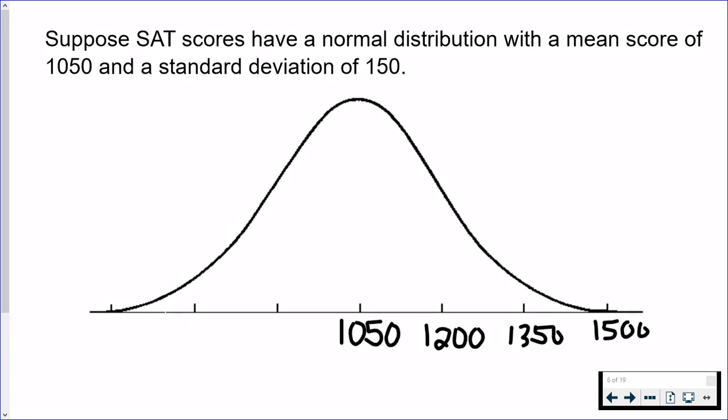If I subtract to go to the left, 1050 minus 150 gives me 900. I subtract again, I get 750, and then I subtract again, and I get 600. So now that we have the values on the curve, we can answer lots of different questions with this scenario.